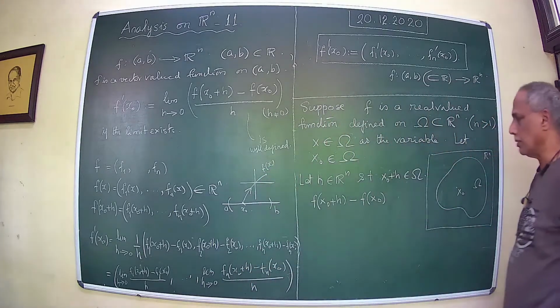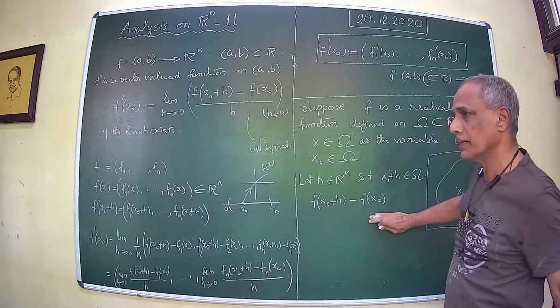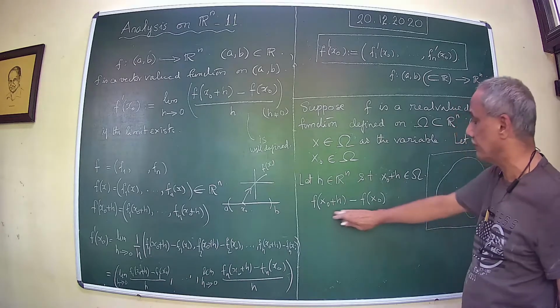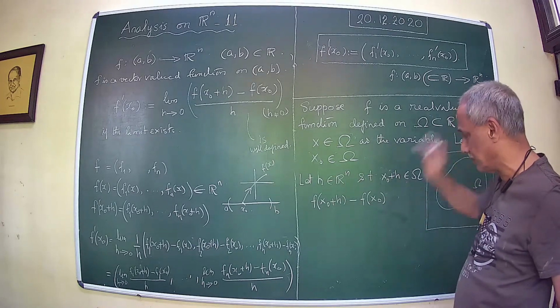There is no problem. This is a real number, this is a real number, and the difference is well defined. So even if it's a vector valued function, this difference is well defined.